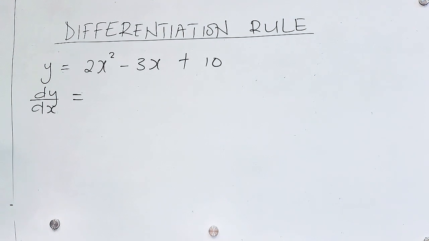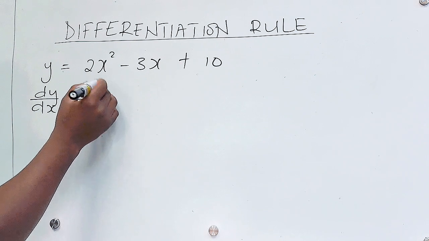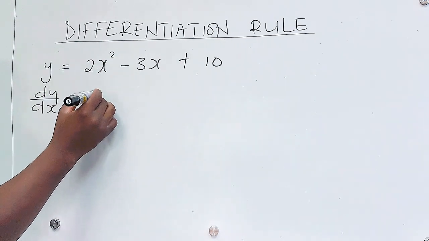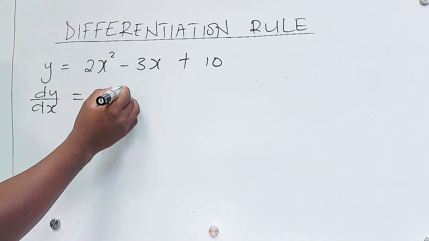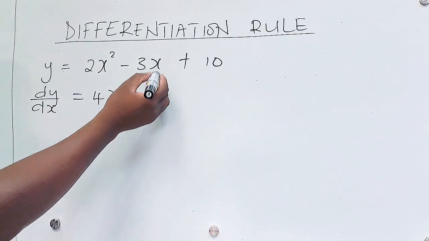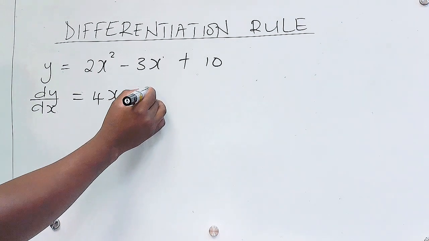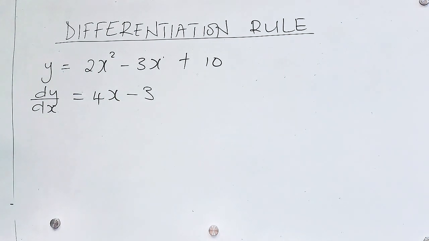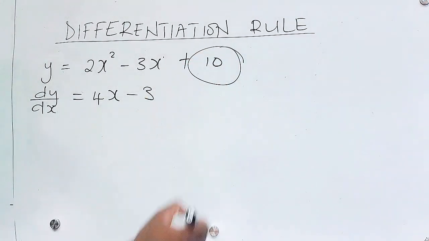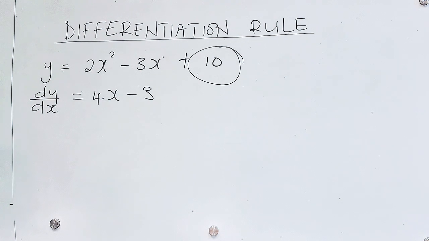So our first derivative there is going to be 2 multiplied by 2, we get 4, x power 2 minus 1, it's a 1, minus, this was in power 1. 1 minus 1 is 0, so x power 0 is 1. So you have 4x minus 3. Then this one is a constant term. It's not given in terms of x. So differentiation of a constant is equal to 0. So our answer is there.